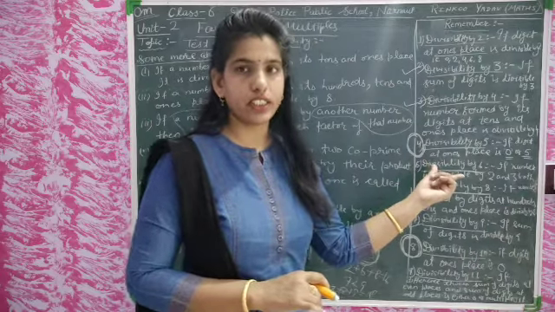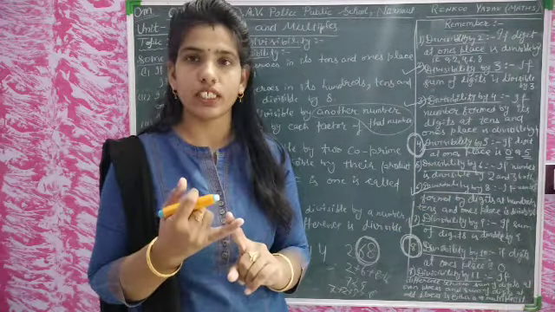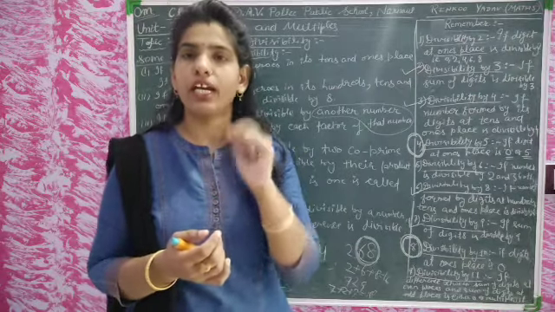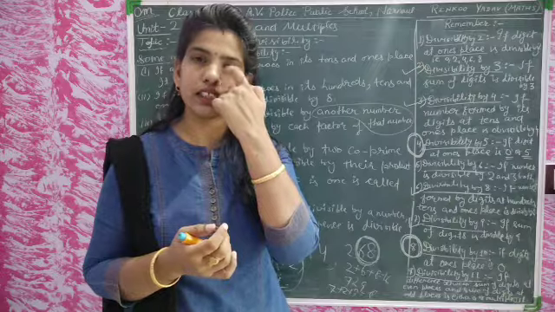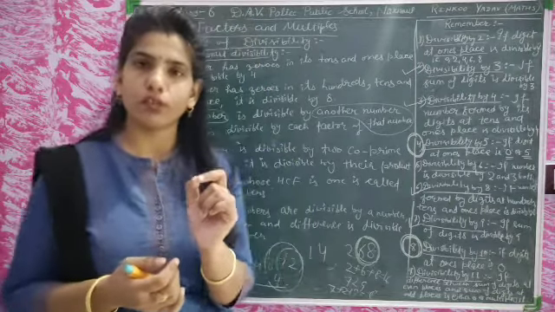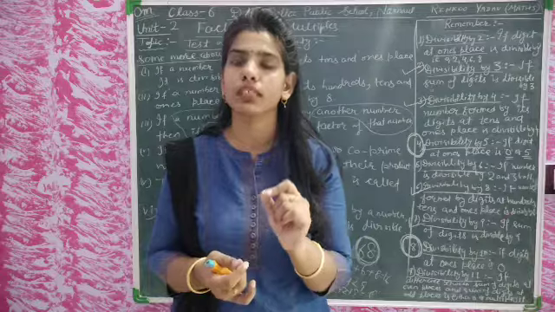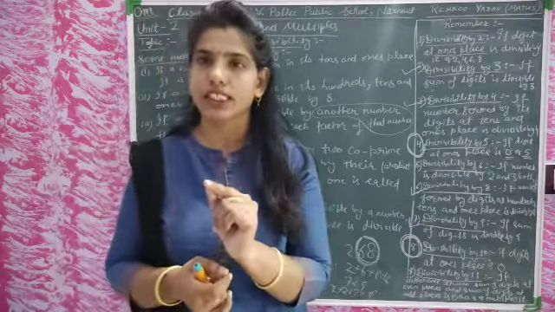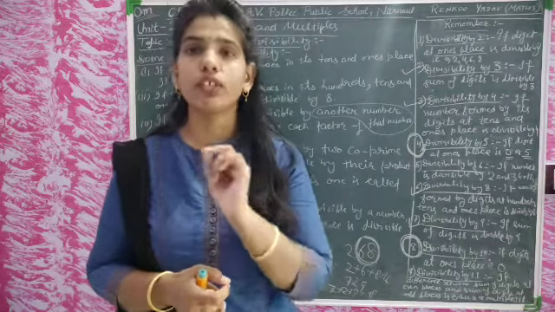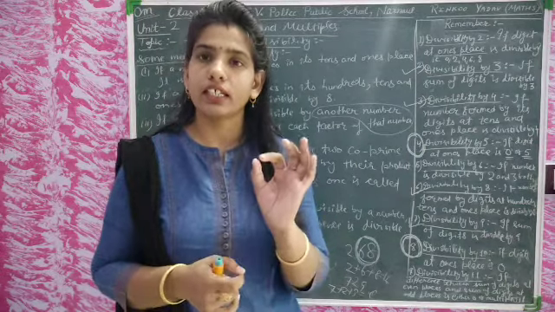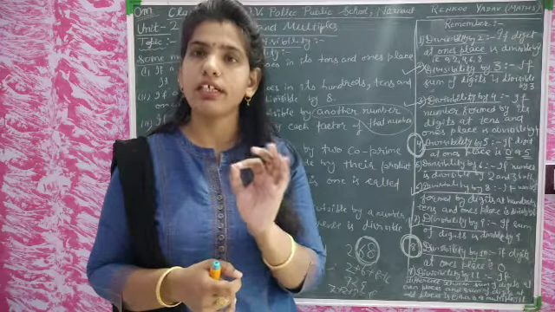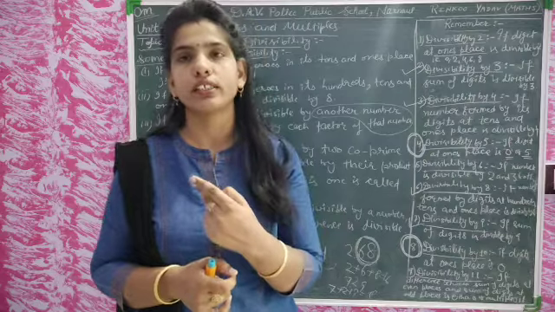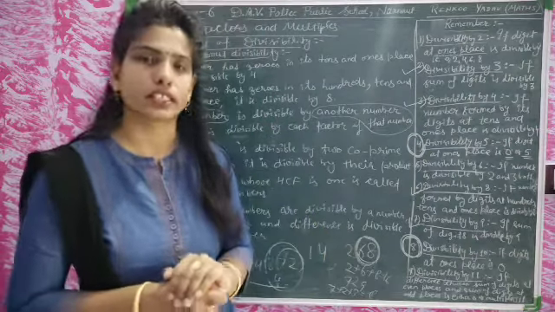The rule of 5 says the last digit is 0 or 5, and for divisibility by 10 the ones place digit must be 0. And divisibility by 6 says that if the number is divisible by both the prime factors, 2 and 3, then it must be divisible by 6.